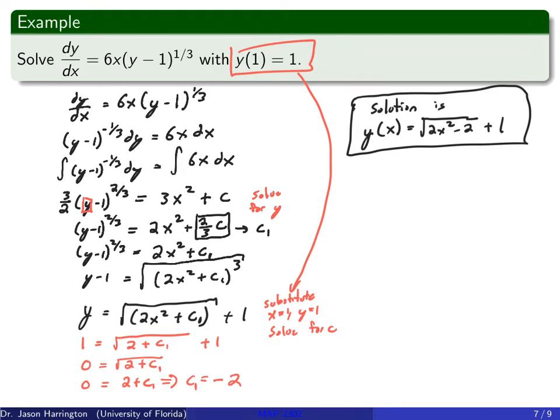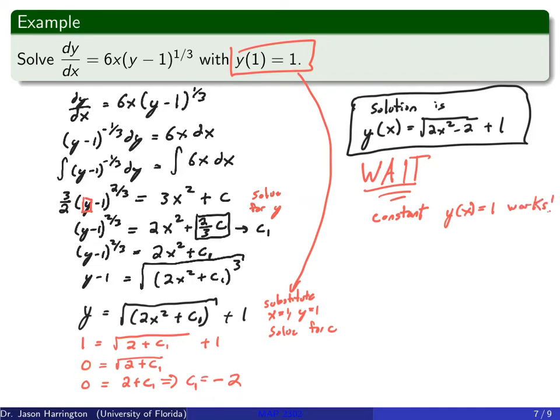Now here's something else that we should note. But wait. We can also see that the constant solution, y of x is equal to 1, also works.